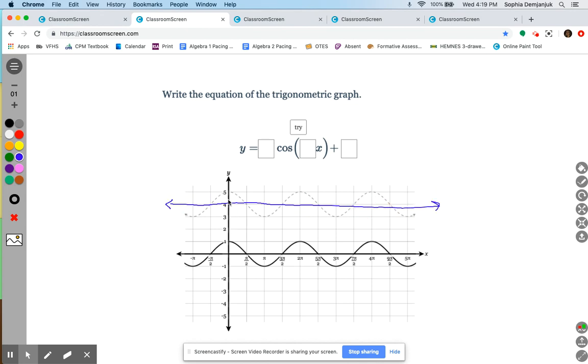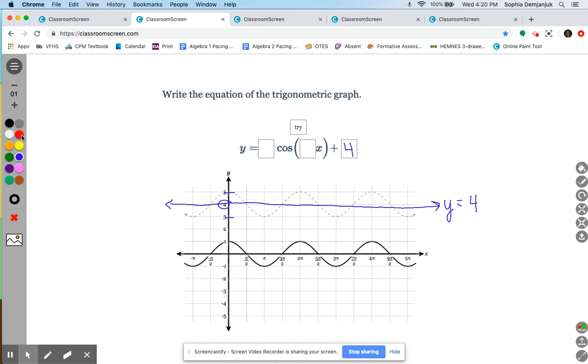So that tells me that my midline is 4. So I found out that my midline is y equals 4. And we know that the midline always goes at the very end, so we're adding 4 to the end.